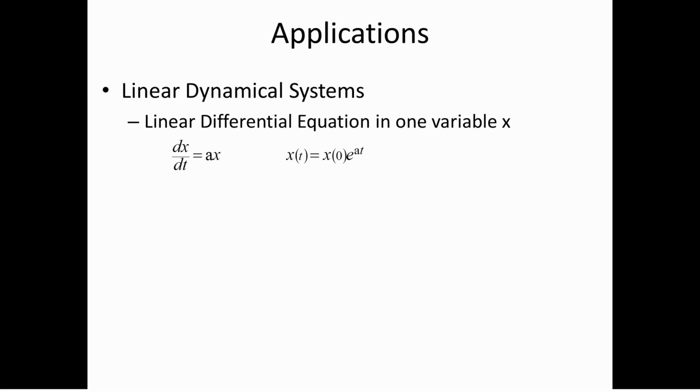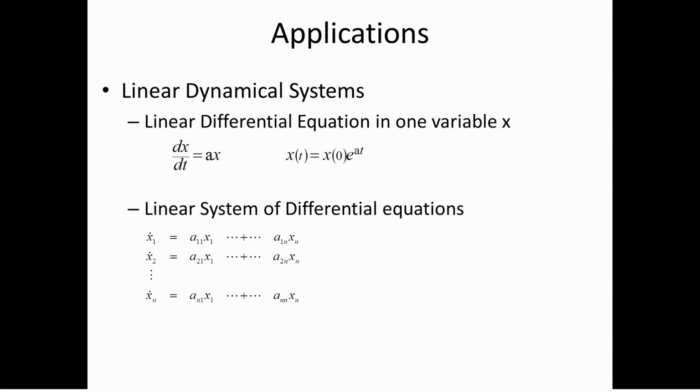Now, it very often happens that we have more than one differential equation. We could have a system of linear differential equations like this, okay, which we can write in the following form.